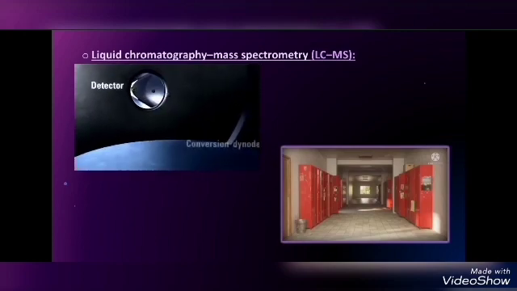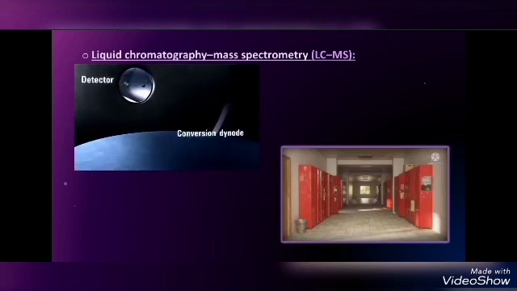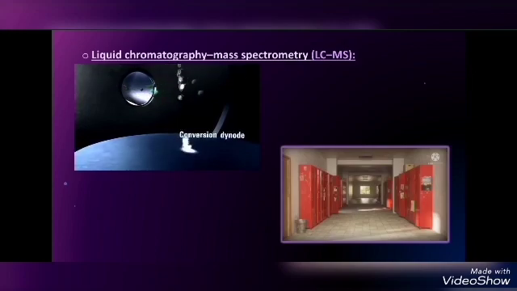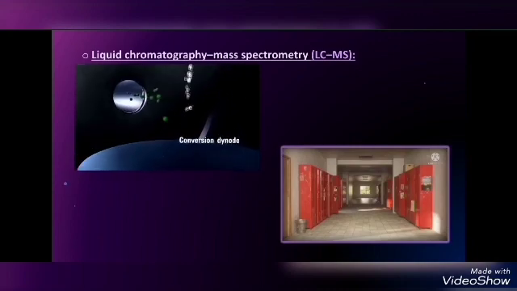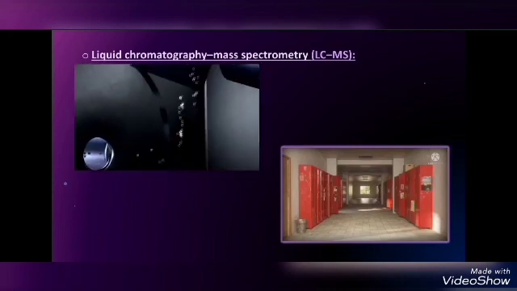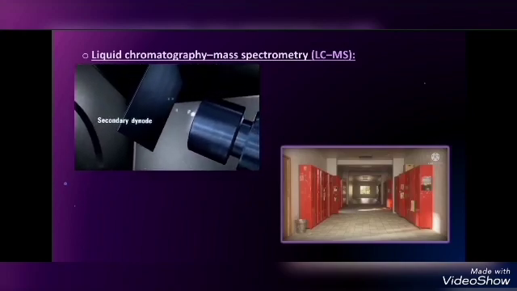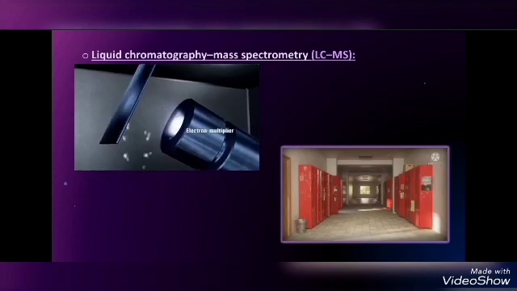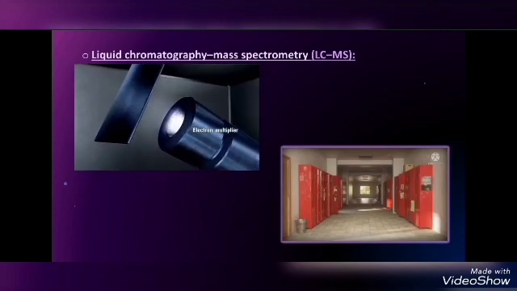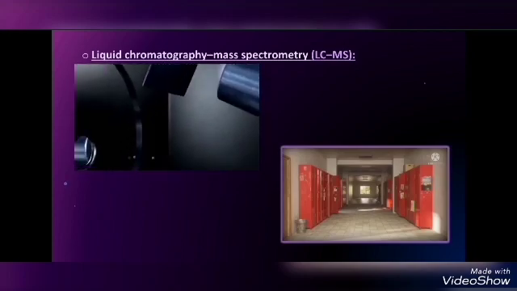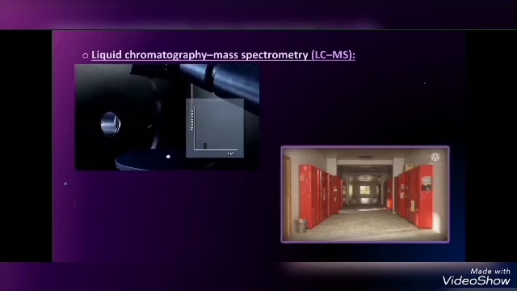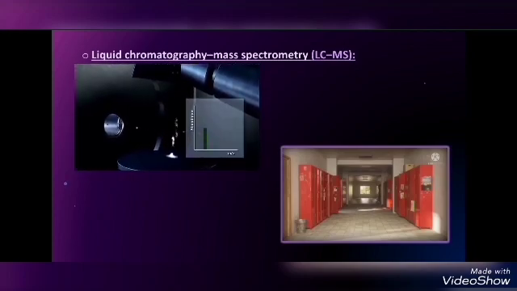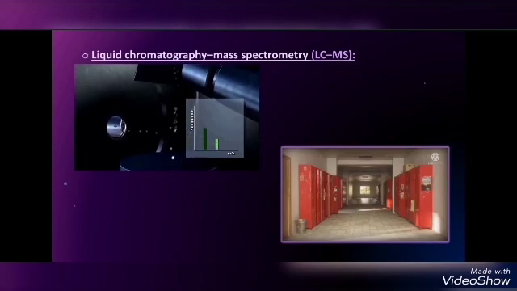Then ions go to the detector and the conversion dynode. Ions are separated to the secondary dynode and electron multiplier. And then we measure the relation between abundance and the ratio m over z.